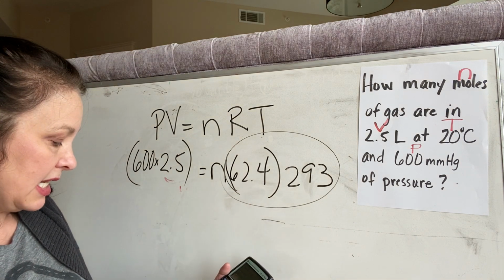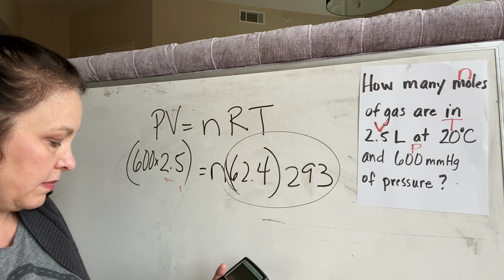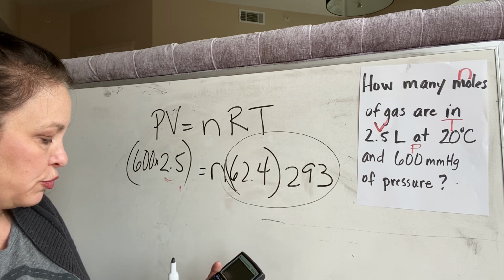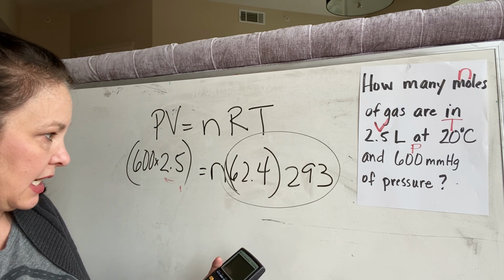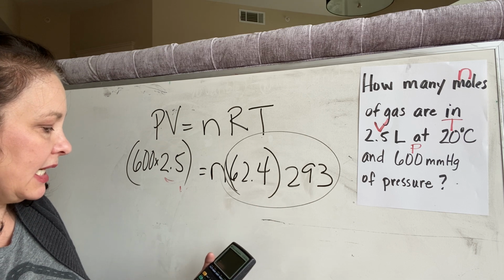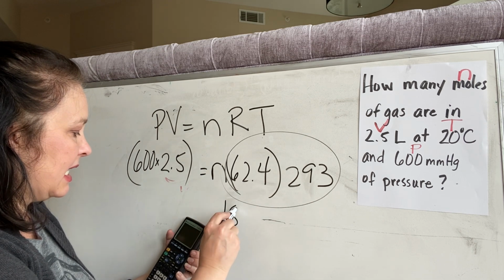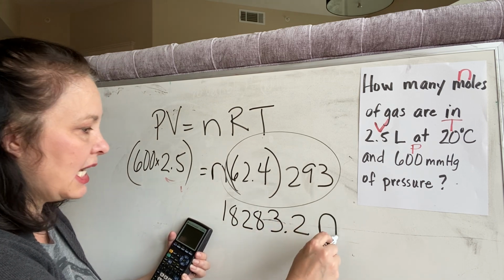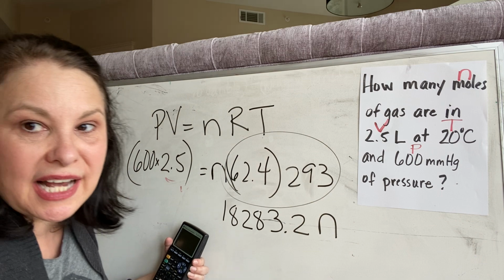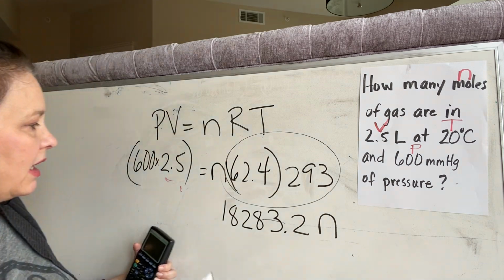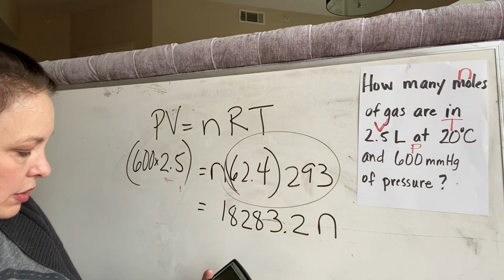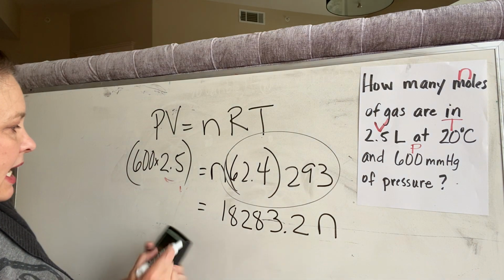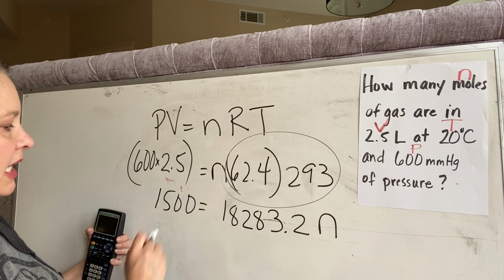So if I do 62.4 times 293, I get 18,283 N, and I'm just going to keep my variable. I'm just switching the side because I like the way it looks over there. And then that is equal to 600 times 2.5, and I get 1,500 here.